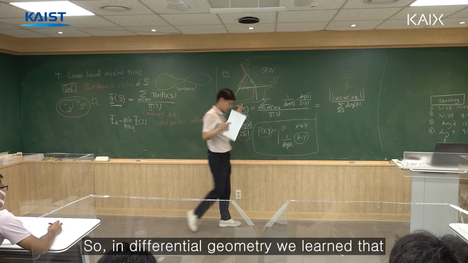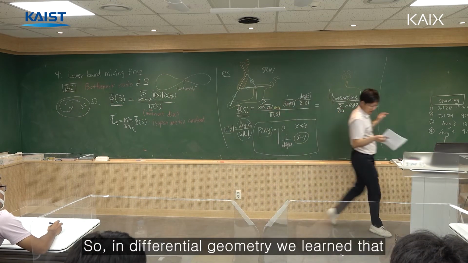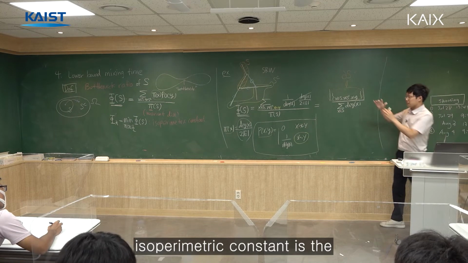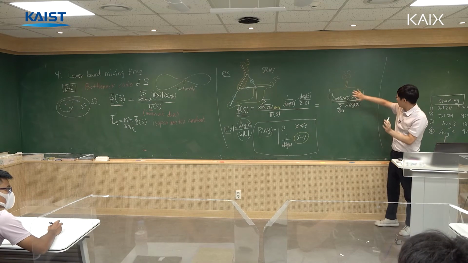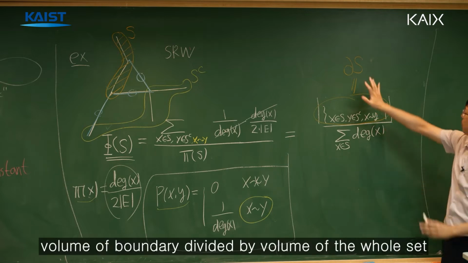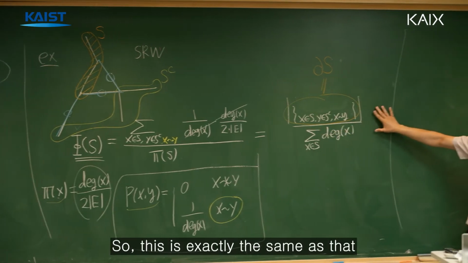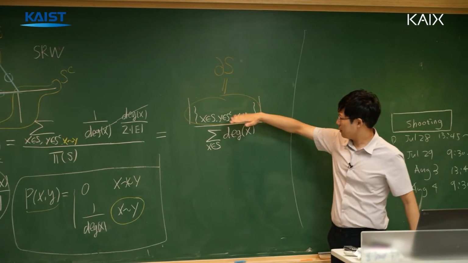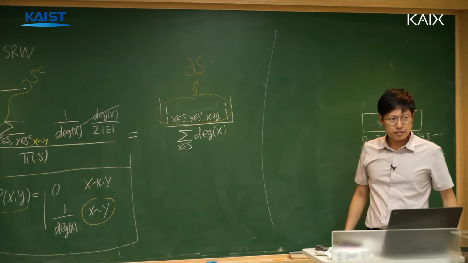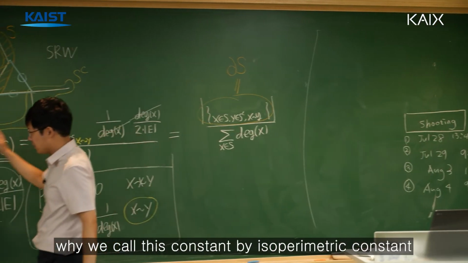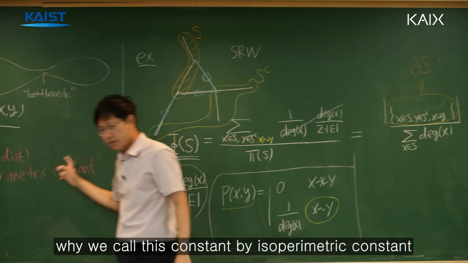In differential geometry, we learned that the isoperimetric constant is the volume of the boundary divided by the volume of the whole set. So this is exactly the same: boundary divided by volume. This is the reason and motivation why we call this constant the isoperimetric constant.